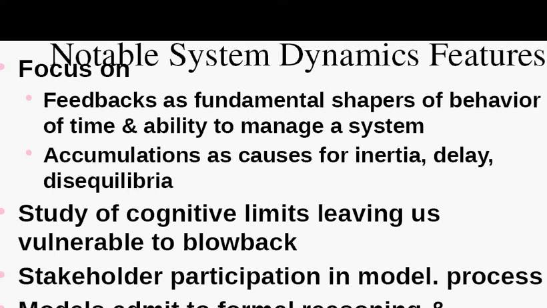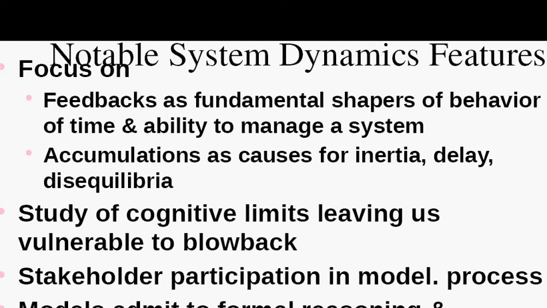And system dynamics pays really big attention to cognitive limits, how we think about complex systems and how that leaves us vulnerable to mistakes in reasoning about them, and a very large emphasis on stakeholder participation in modeling. You're trying to shift how people think about a situation, so you tend to weave them into the modeling process. Finally, and another big emphasis, system dynamics models admit to formal reasoning and analysis.